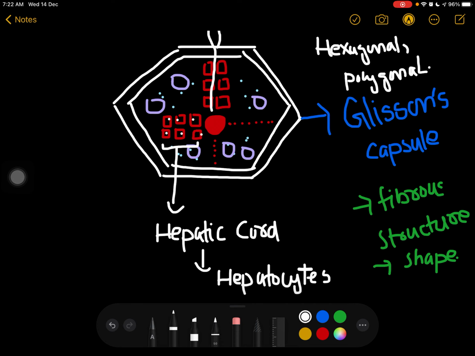These are hepatocytes, and between these hepatocytes we also have some fat cells in the hepatic cord.